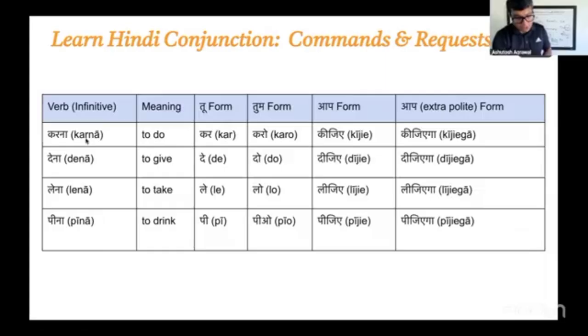So you have karna, which is to do, dena, to give, lena, to take, and pina is to drink. Karna is basically an irregular verb. So the base term for all of this is, karna is kar, dena is de, lena is le, pina is pi.